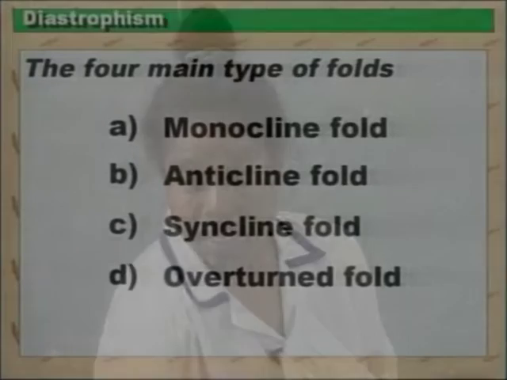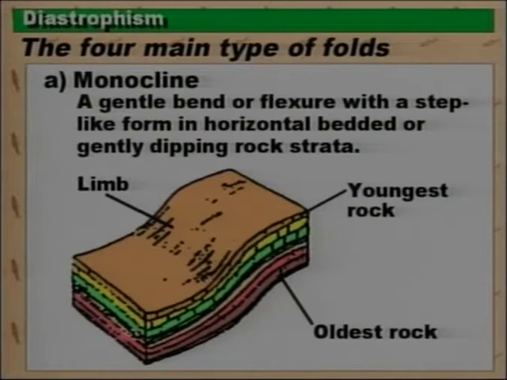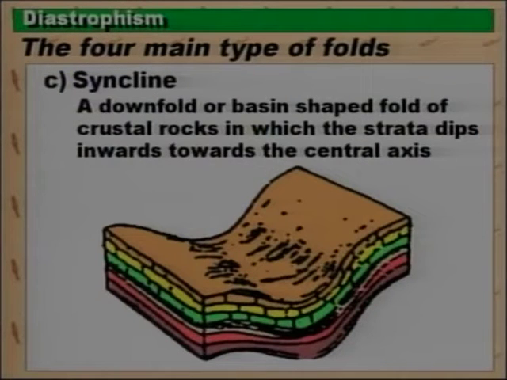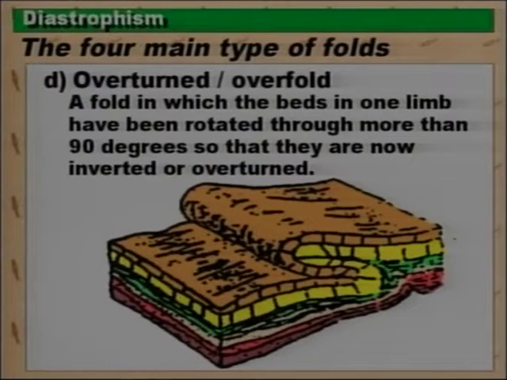The 4 types of fold we have looked at already: the monocline, anticline, syncline, and overturned fold. An explanation of each was given by the students who were asked to explain the monocline, the anticline, the syncline, and the overturned or overfold.